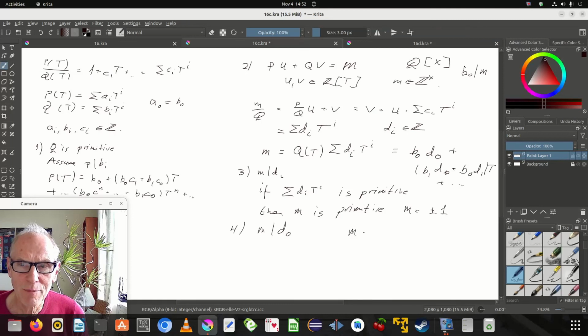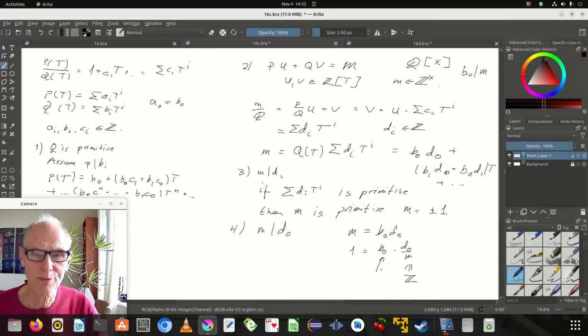We have m equals b_0 d_0, unity equals b_0 times d_0 divided by m. If this is an integer, then b is the inverse of this integer, primitive. So that means b equals unity.